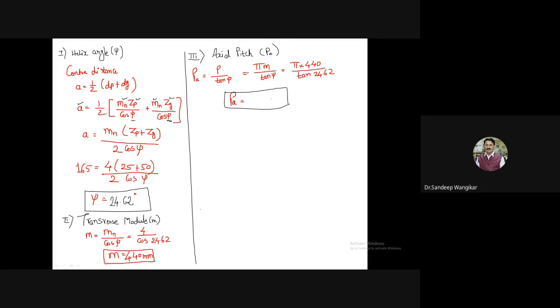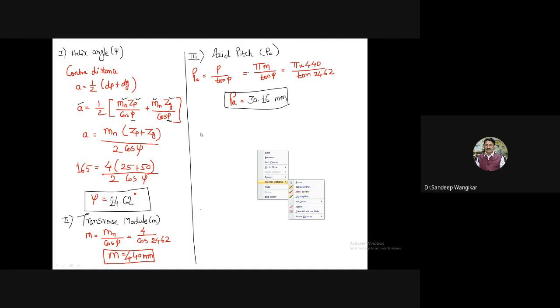PA is equal to 30.16, 30.17. Okay, 30.164 millimeter.